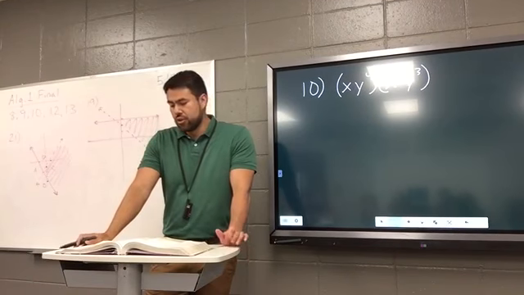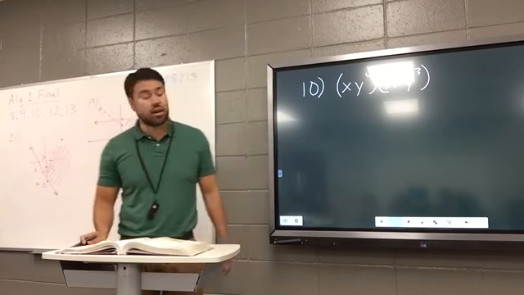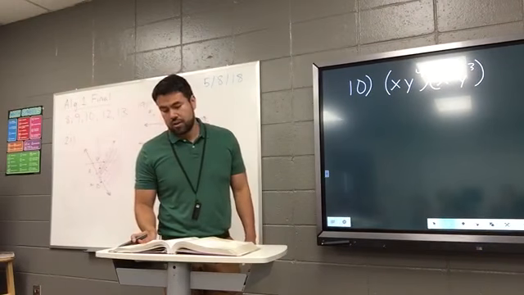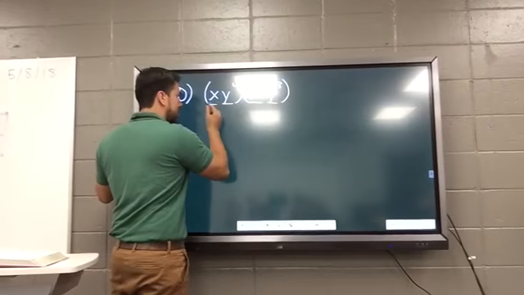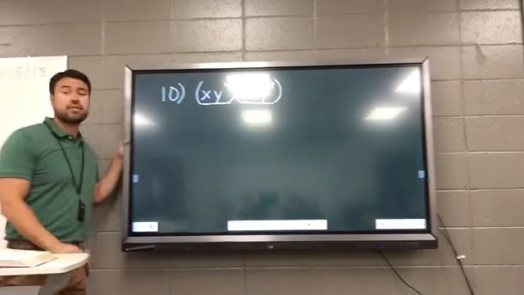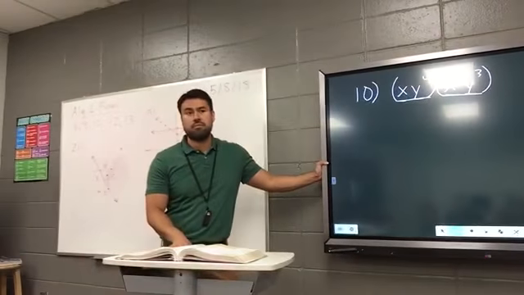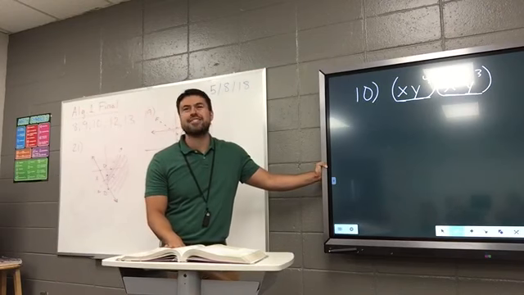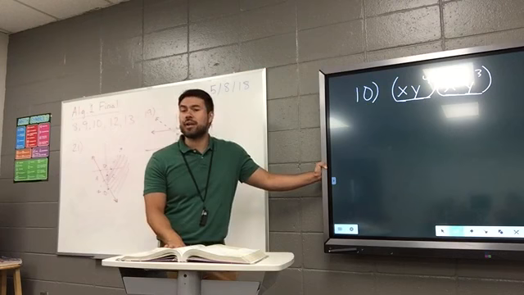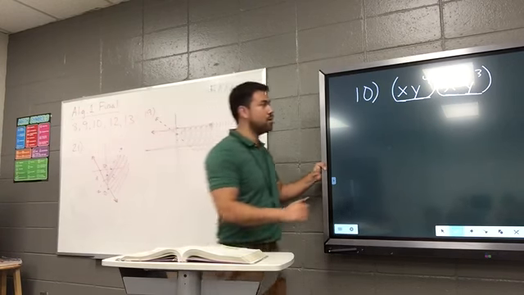So you have your 2 parentheses, but what's going on in this problem? These are being multiplied, these are being multiplied, and these are being multiplied. So do you have to do it in a certain order? Anybody? You can do this or you can do that. Do you have to multiply in a certain order when everything's being multiplied? Nope, because of the commutative property.